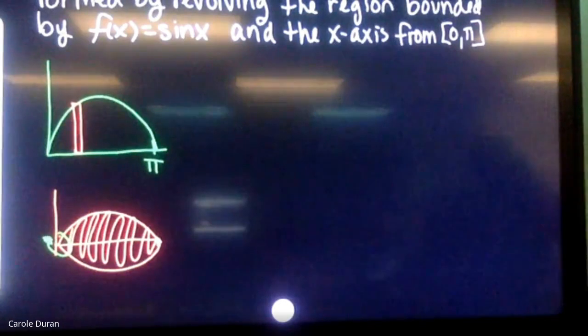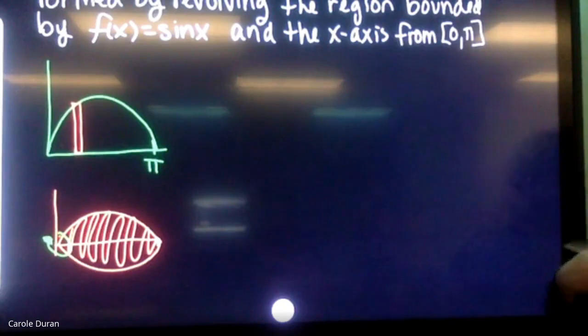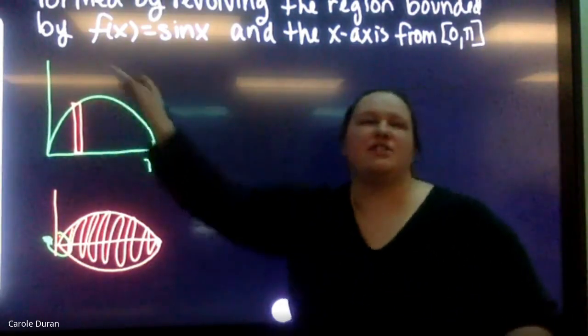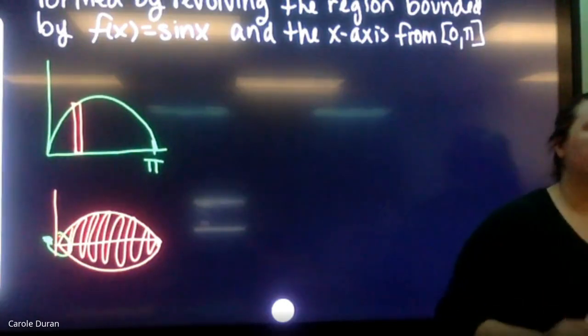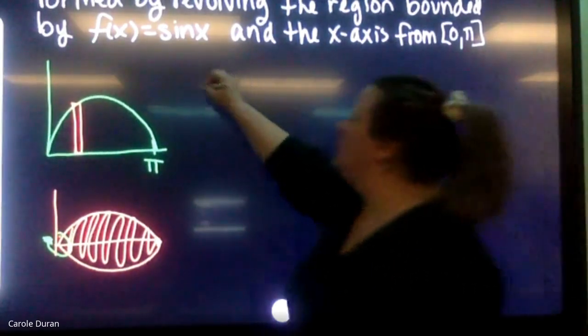So you really don't have to know what the three-dimensional shape looks like. It's not really that helpful because it doesn't change anything, but I like to draw it anyway. She's ugly, but we can kind of tell what she looks like. The important part is that our cross-section is a disc. And I know the area of a disc is pi r squared.